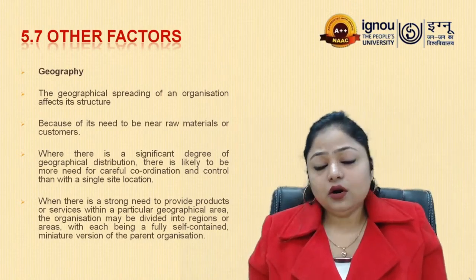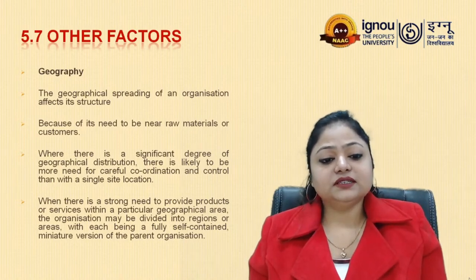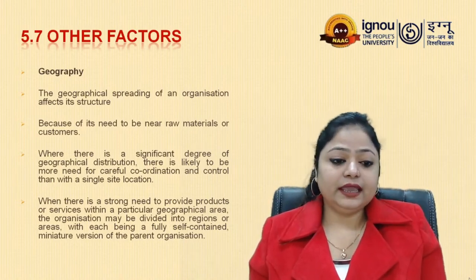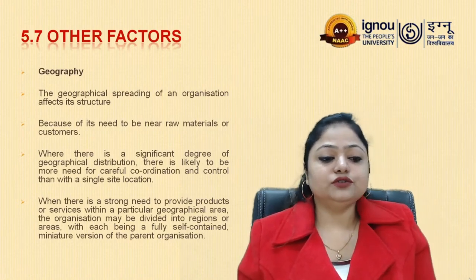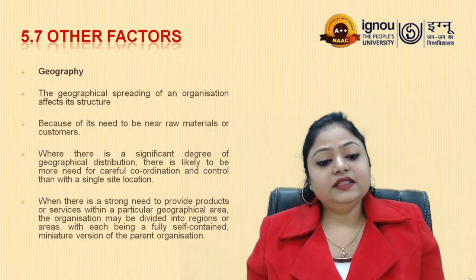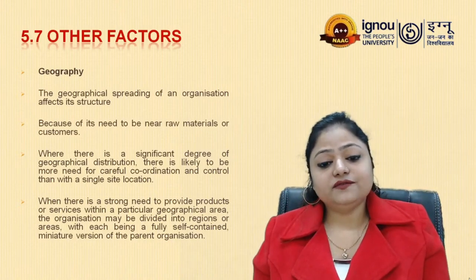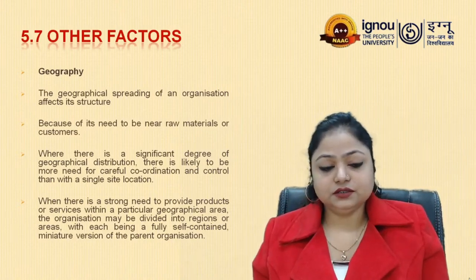When there is a strong need to provide products and services within a geographical area, the organization may divide itself into regions or areas, each having a full self-contained miniature version of the parent organization.